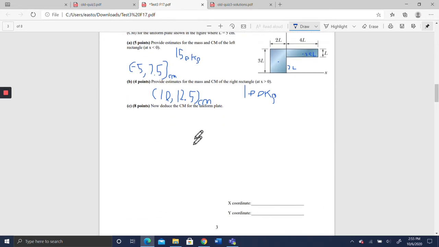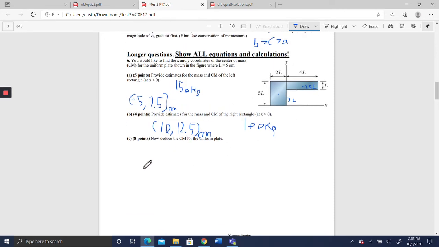So now they want us to combine, so let's do x first. How this works is you want to just do x1 times m1 over m1 plus m2, and then you have plus x2 times m2.